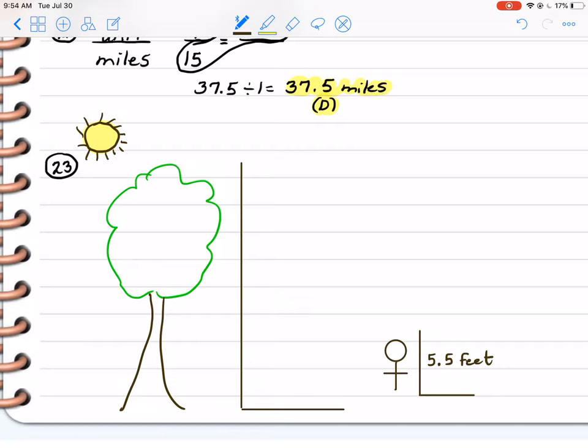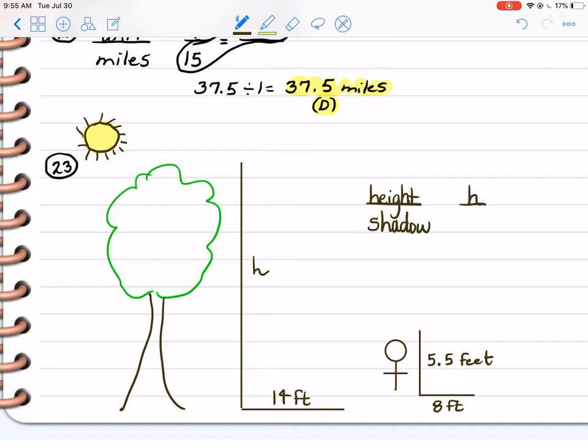The tree casts a 14-foot shadow, so we can stretch a tape to find that. Jessica is casting an 8-foot shadow, and we want to know the height of the tree. So you have your proportion. You have height over shadow.